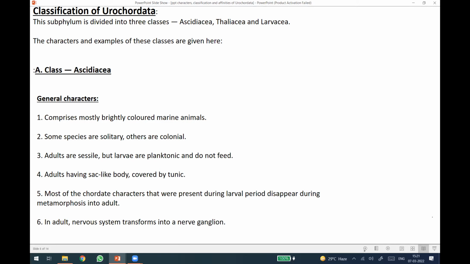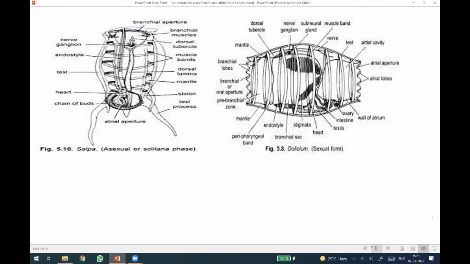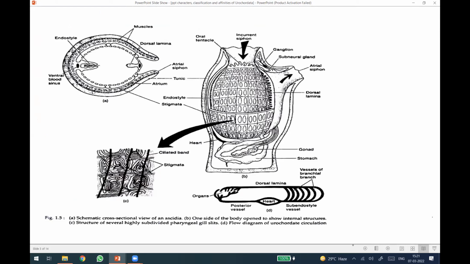This is the Ascidian larva we have already seen, and the structure and characters we have just seen. An example of Ascidia is Herdmania, and the main characters of this class Ascidia are that they are brightly colored marine animals which are mainly solitary, but colonial forms are also known.